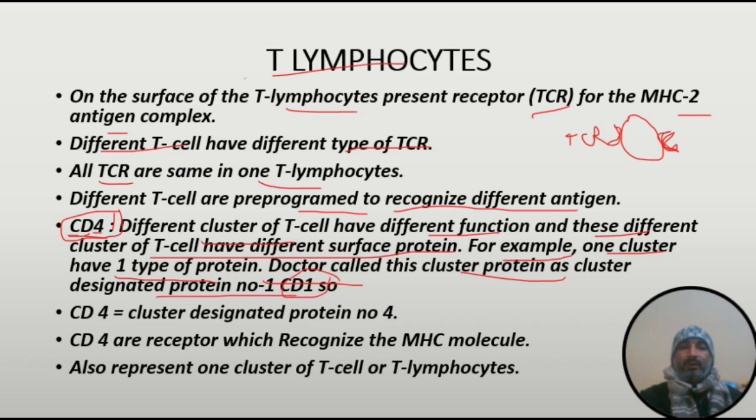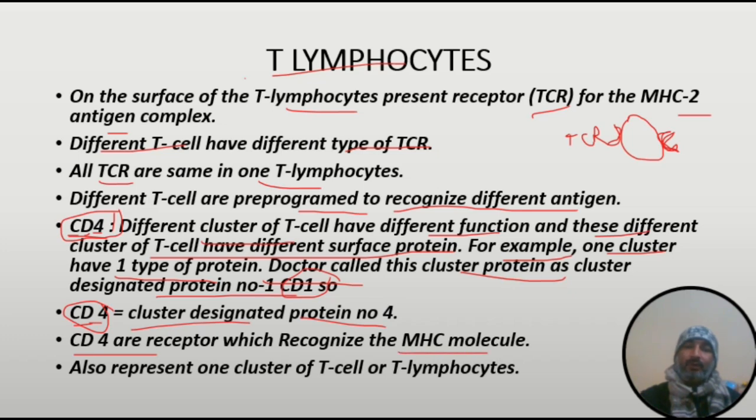So the T lymphocyte or T helper cell has a cluster designated protein number 4. This is the simple definition of what CD4 is. CD4 is the receptor recognized by MHC class 2 molecules.